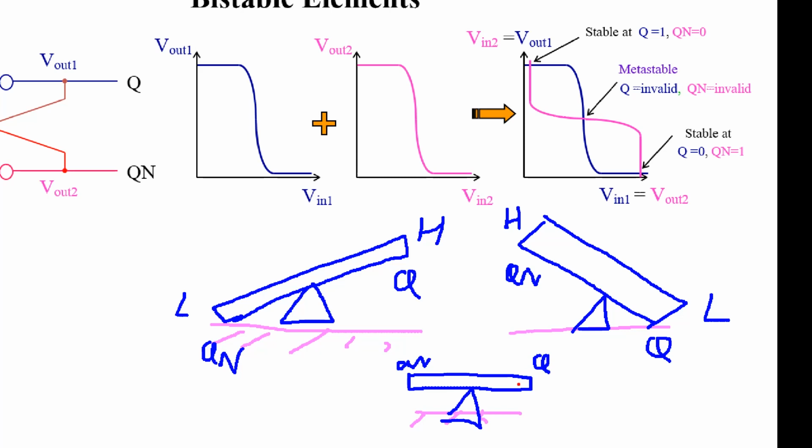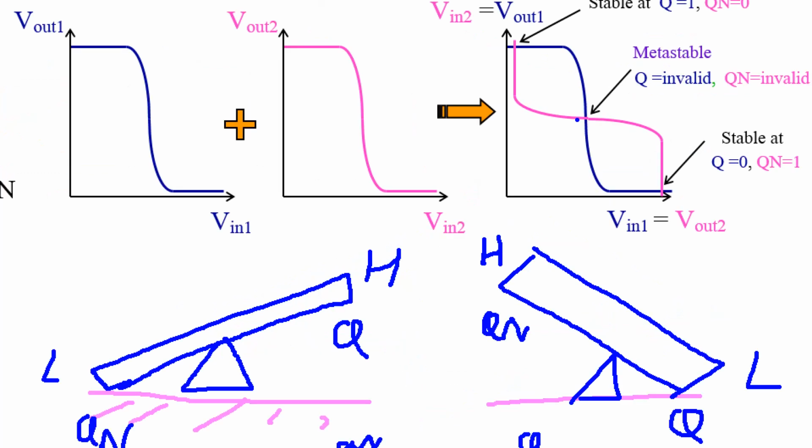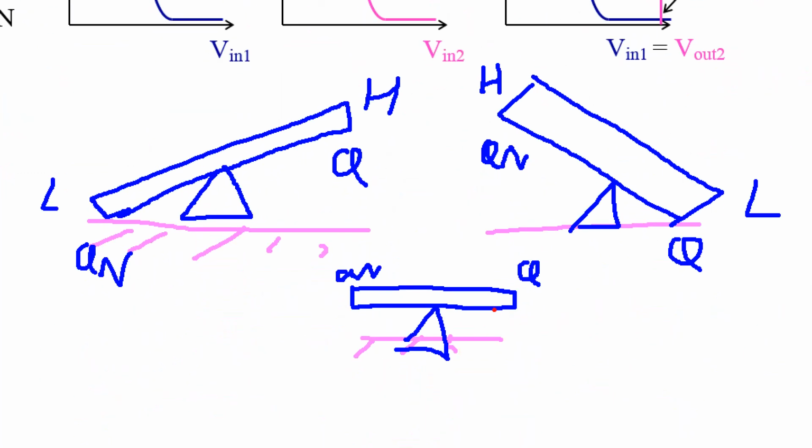But if some noise, for example mechanical vibration, makes this side of the beam change to a lower level, we go to be stable at this state.